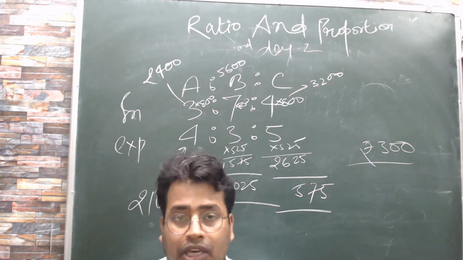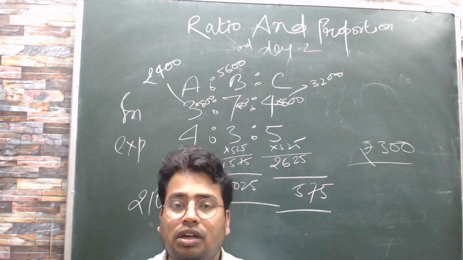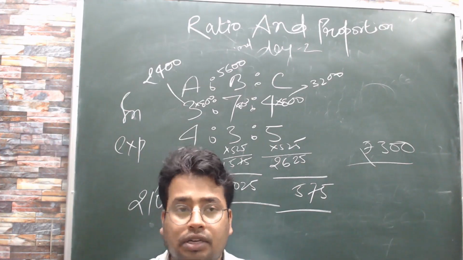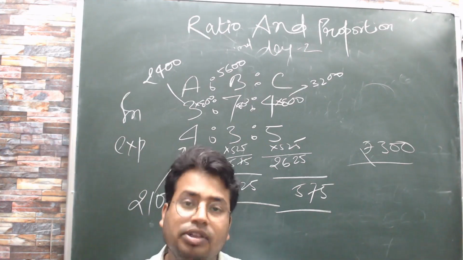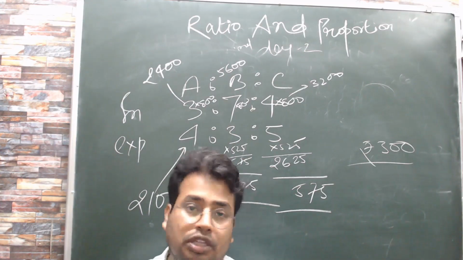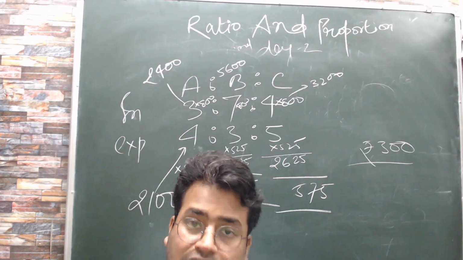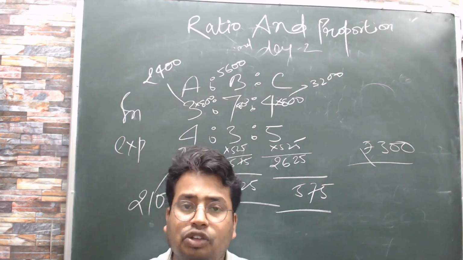But if your aim is more than 160, 170 out of 200, then you will need to work out everything, right?